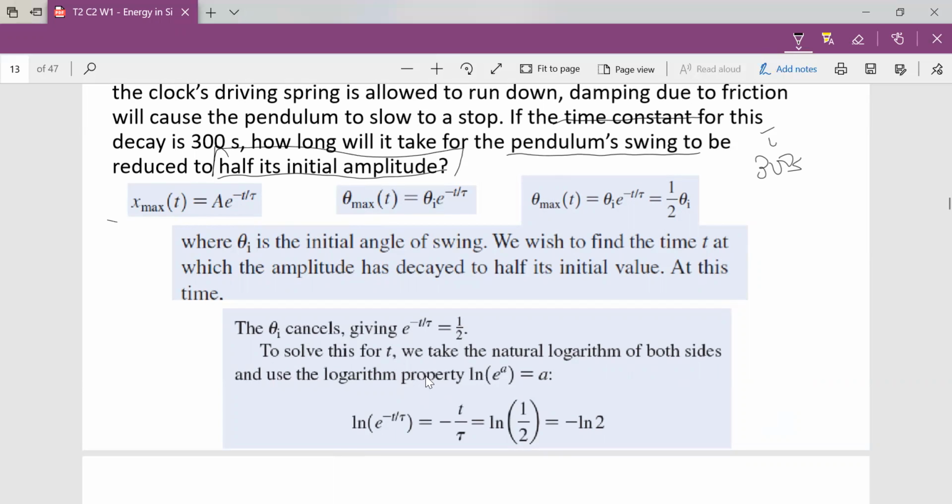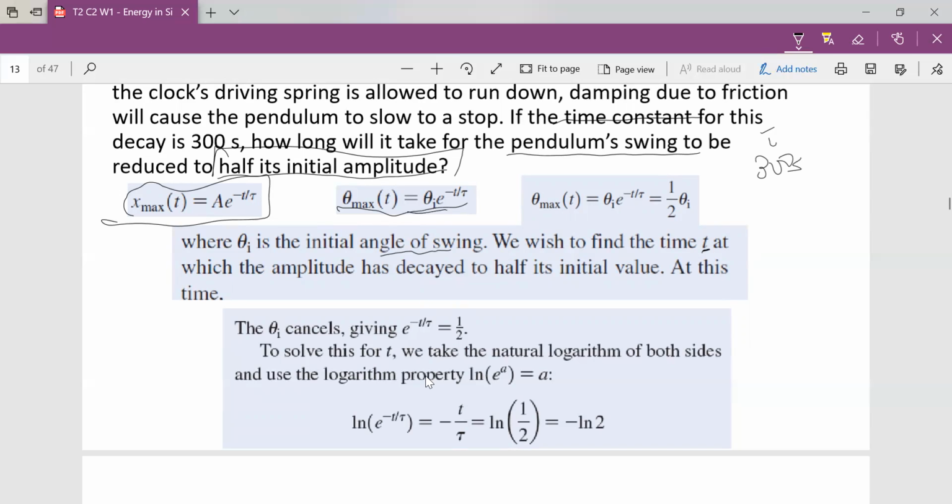So first we wrote out the expression of the maximum displacement, and then we don't have information about the amplitude, so we have other information as it relates to the expression of this exponential decay in terms of the angle of displacement. So we have θ1 being the initial angle of displacement, and then time, t.